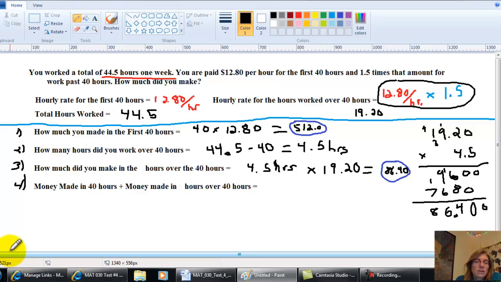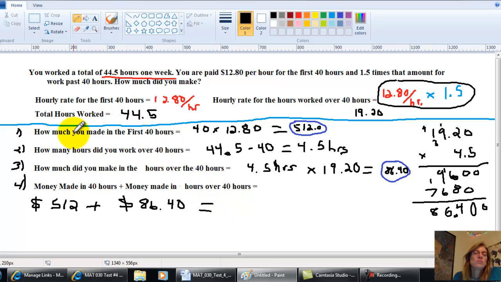That's this amount here, $512. $512 plus this 86.40, that will be the total money that you made in 44.5 hours of work.